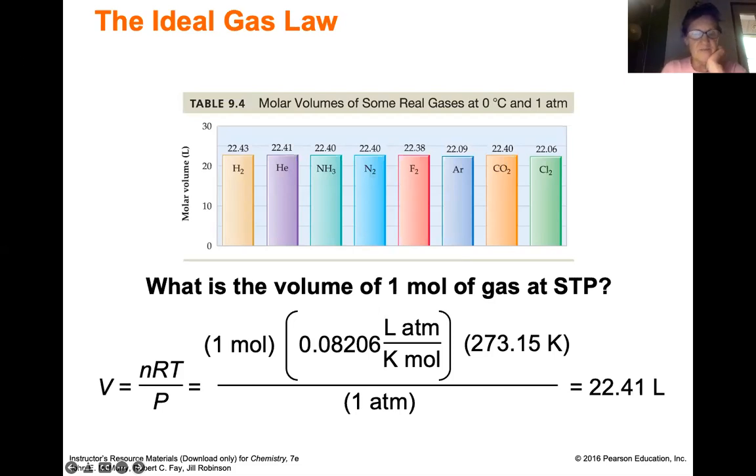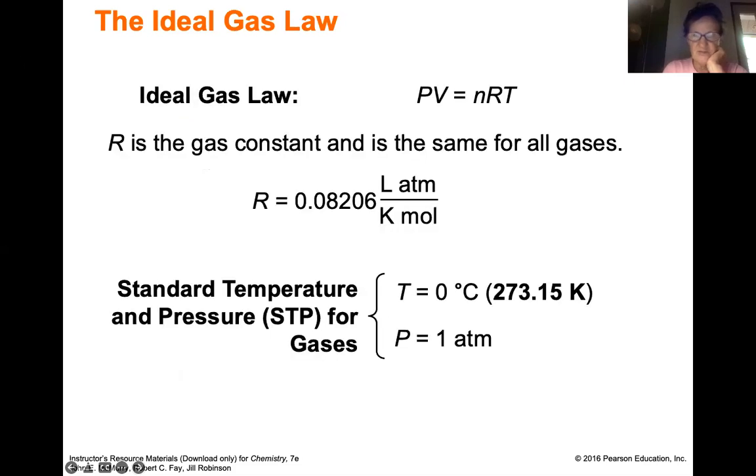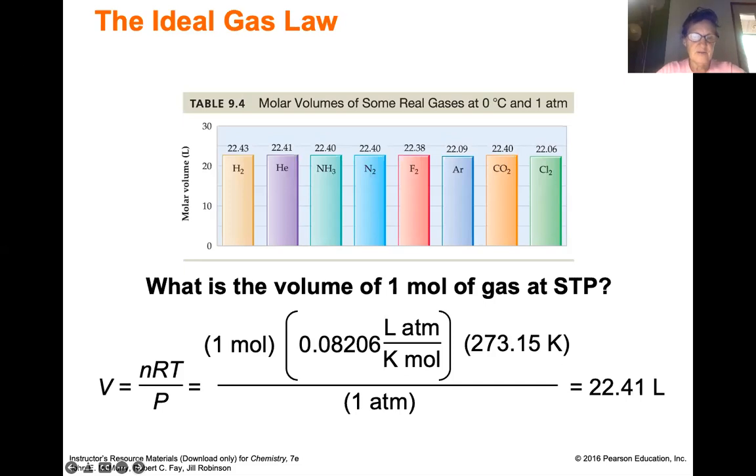So volume, if we rearrange PV equals nRT, we just take P over to the right-hand side. So you end up with volume equals number of moles times the gas constant times temperature divided by P. We have a mole, that was the question. The gas constant in liter atmospheres per K mole. Temperature in Kelvin, 0 degrees Celsius is 273.15 Kelvin.